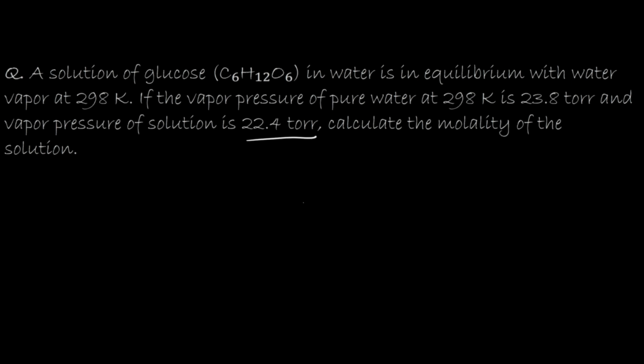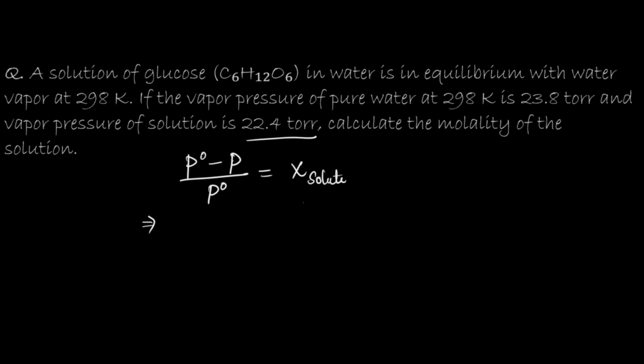So simply you can use Raoult's law, which states that the vapor pressure of the pure solvent minus the solution, divided by pure solvent, is equal to, of course, the mole fraction of solute. Here that is glucose.